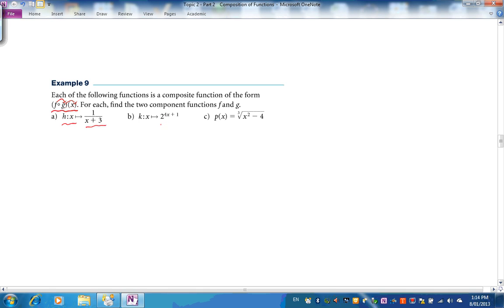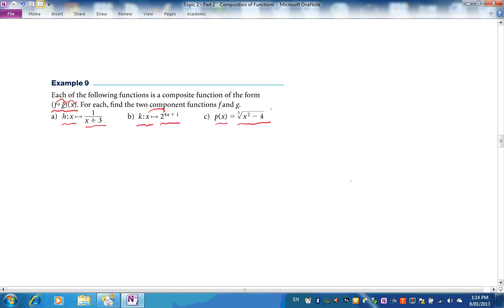And similarly here, are there 2 things, 2 operations, 2 functions that have been applied to get our function k? Our function k is a mapping of x onto 2 to the 4x plus 1. And what about over here? We've gone back to the p of x equals notation, not the mapping notation.